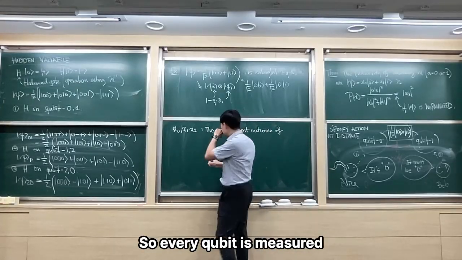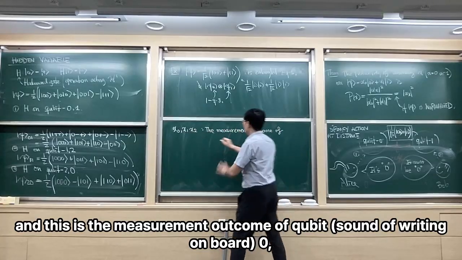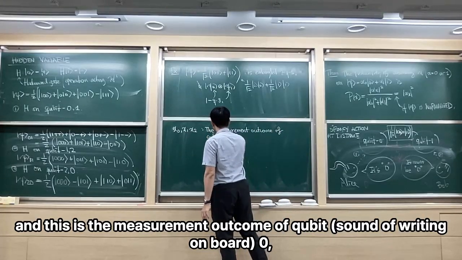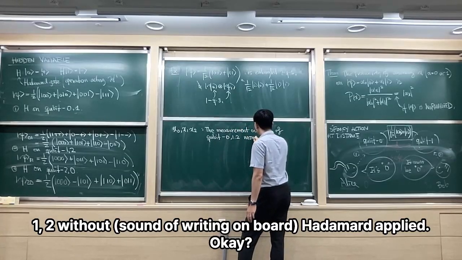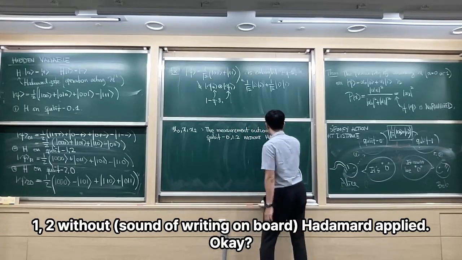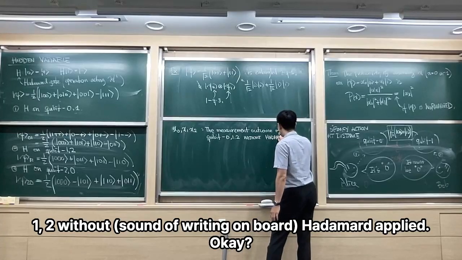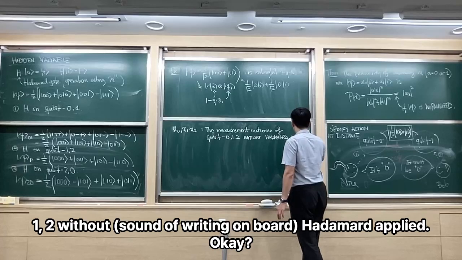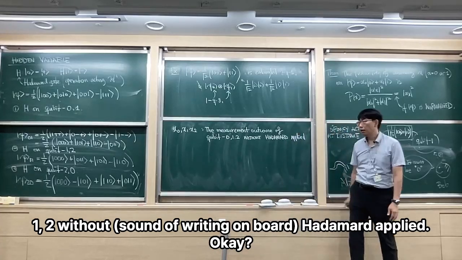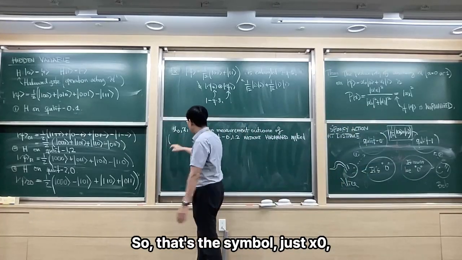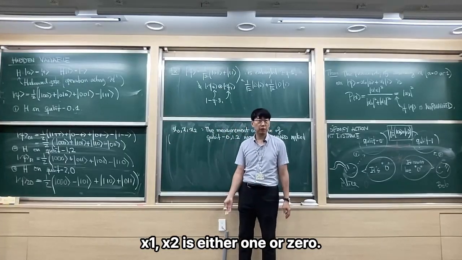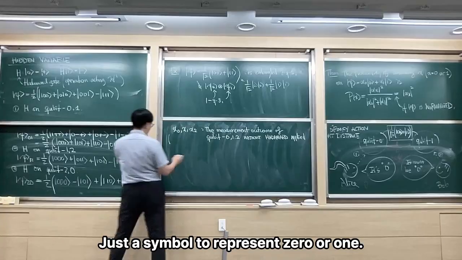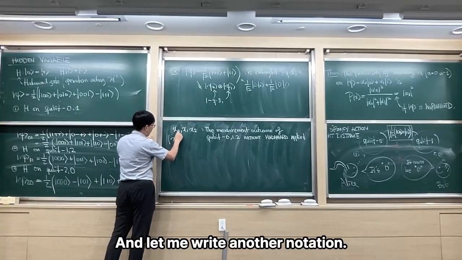So every qubit is measured, and this is the measurement outcome of qubit 0, 1, 2 without Hadamard applied. Okay? So that's the symbol, just x0, x1, x2 is either 1 or 0. Okay? Just a symbol to represent 0 or 1. And let me write another notation.